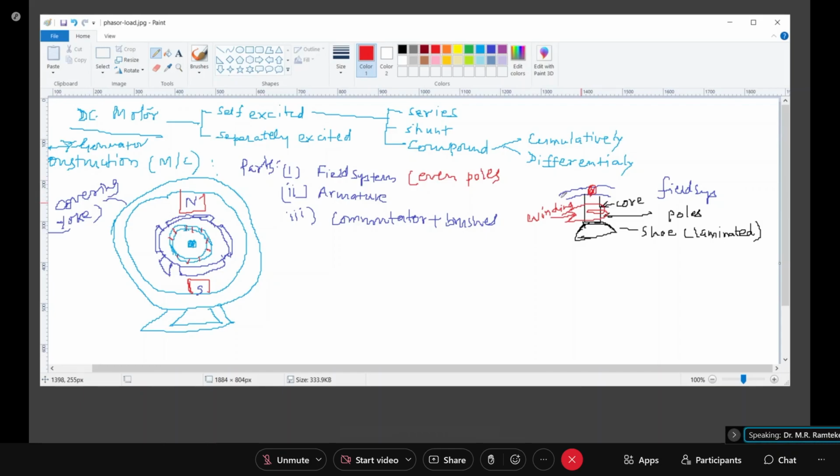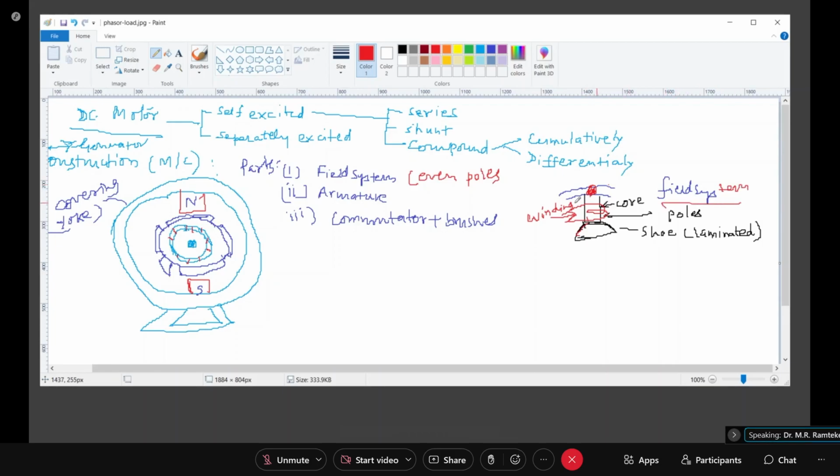You have to hold it in place. So this is my yoke, and to that you will be connecting this pole core, which is again an electromagnet, because a permanent magnet has a very weak capacity, very low flux. So practically, for a big machine, we will have an electromagnet. An electrical winding will be there, connected to some DC supply, and you get the creation of a flux. So this is the field system.